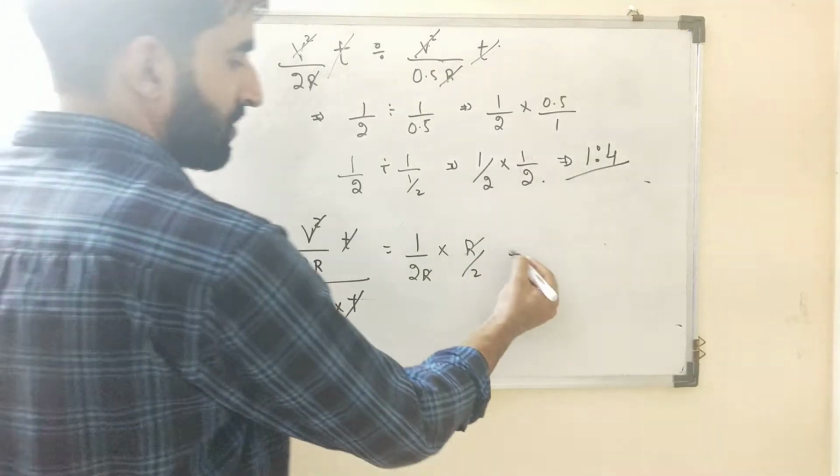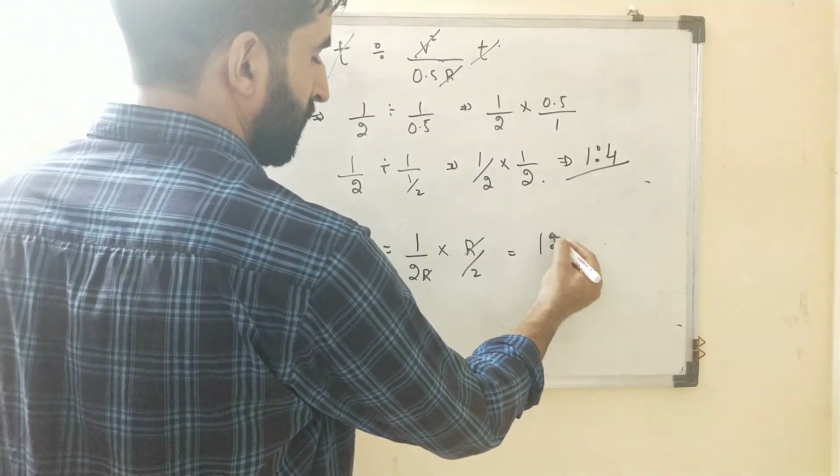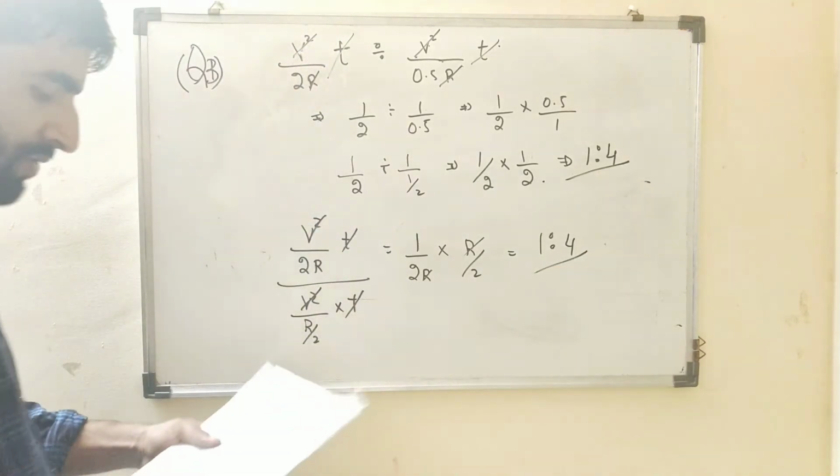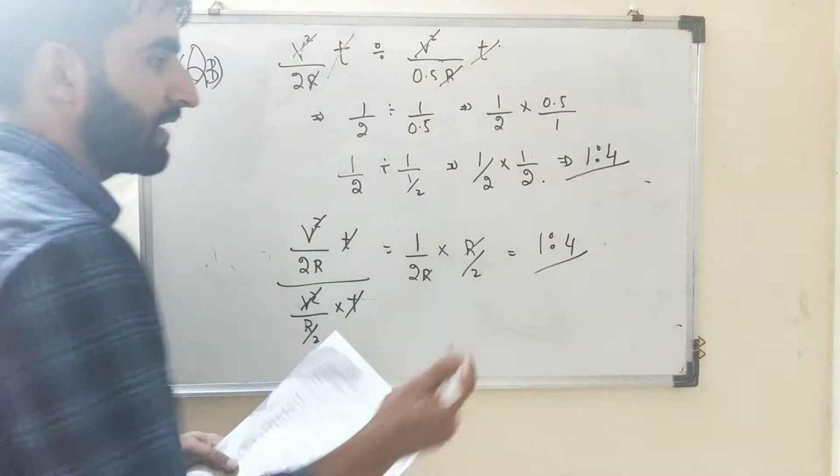R gets cancelled, so this will be equal to 1:4. So option C is the correct answer.